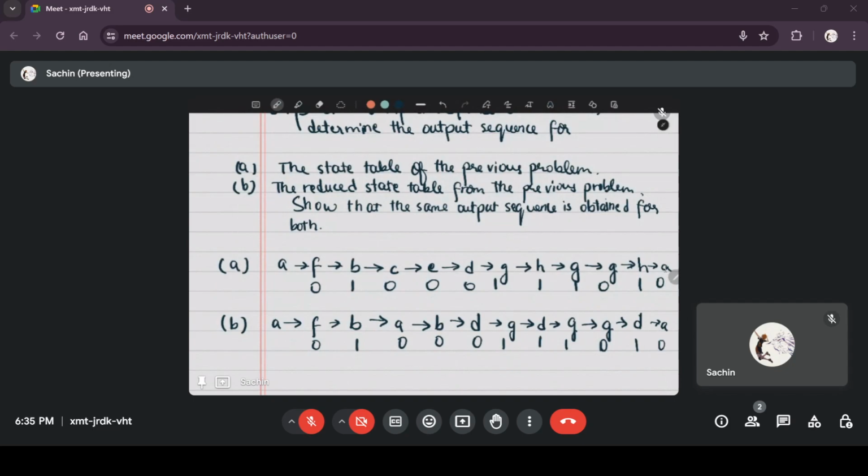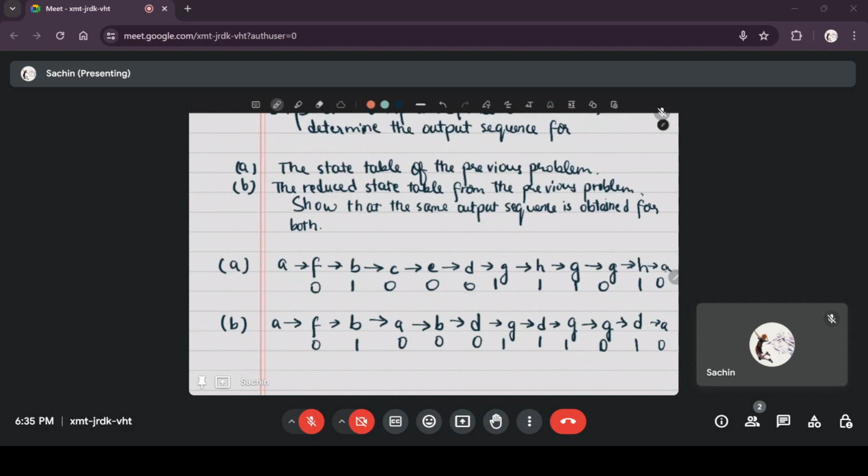So the output sequence is the same. So reducing the state table doesn't change the output sequence, or it will only change the states that are available. And the state transitions will also be equivalent up to equivalency between the states.